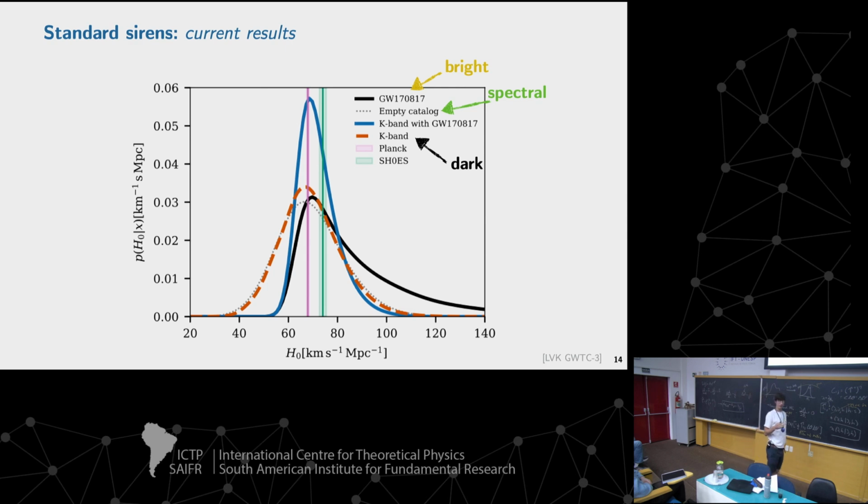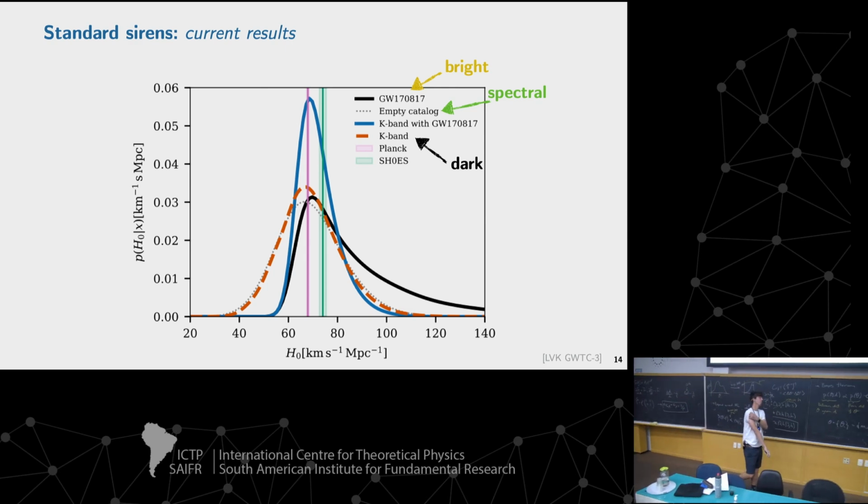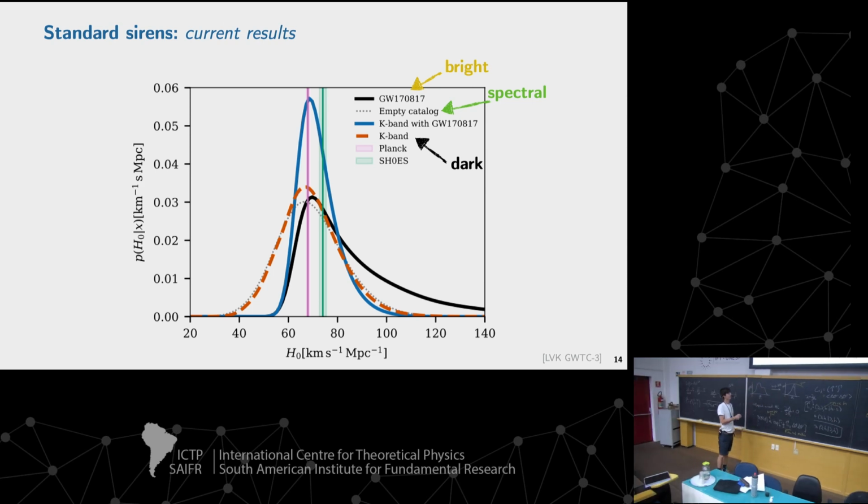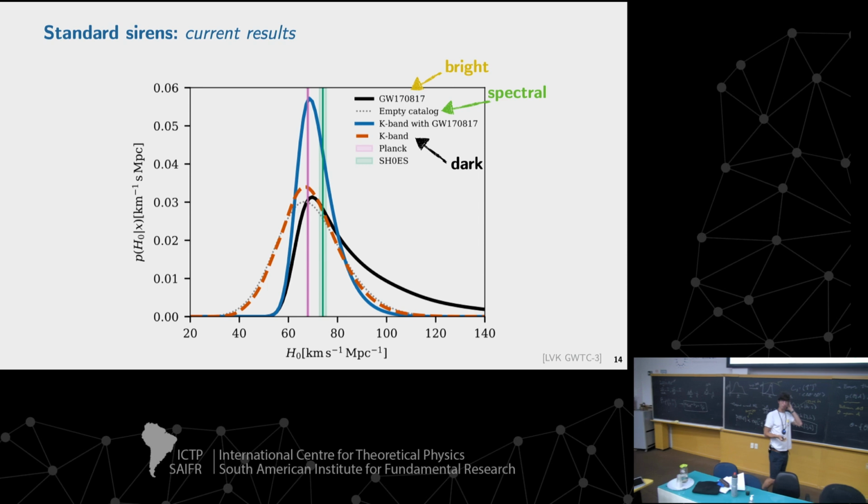So a few lessons from this plot. First is that GW170817 is the best one of the three methods so far, but already the others are getting closer. And the other thing that you can notice is that the dark siren method is slightly better than the spectral siren, but not by much.